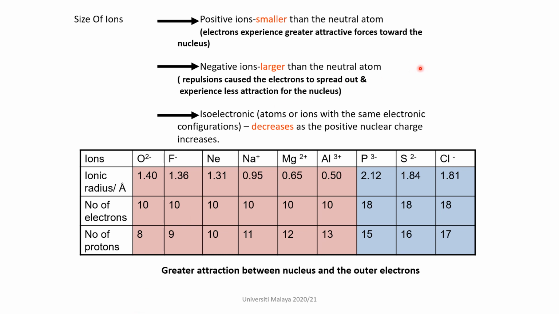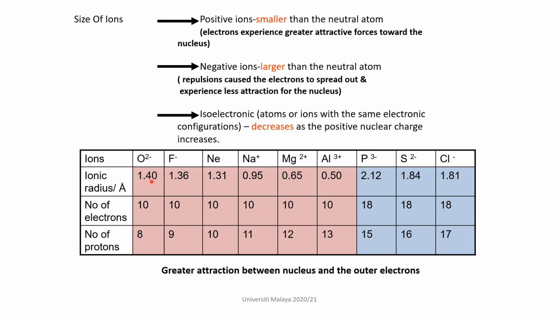Besides comparing the size of atoms with cations or anions, there's another type of ions, which is isoelectronic ions. These are atoms or ions with the same electronic configuration, meaning the same number of electrons. So the size of isoelectronic ions decreases as the positive nuclear charge increases. Let's look first at the red side of the table.